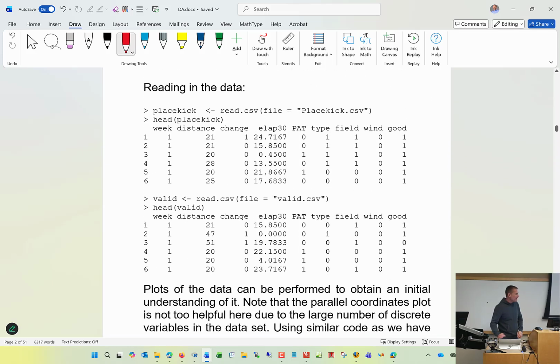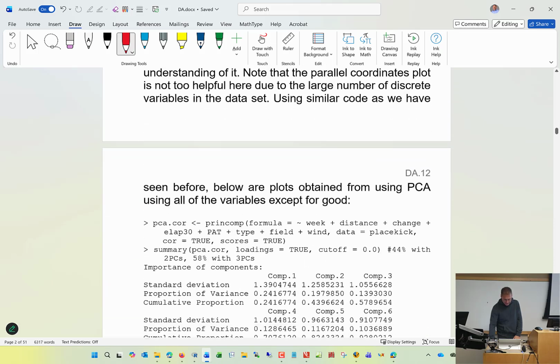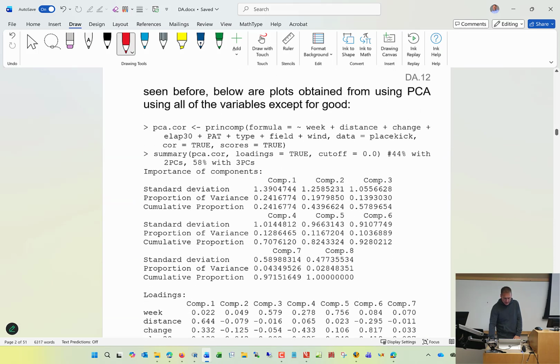So here's what my data looks like. I've read it into R. And before you do one of these methods to develop this statistical mathematical rule, it's always good to take a look at your data using some of the methods that we've talked about already.